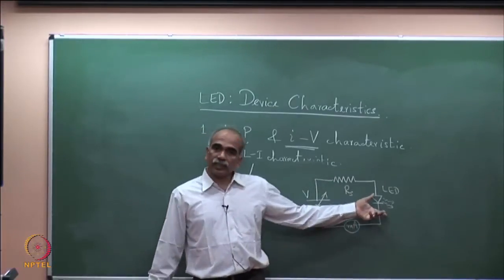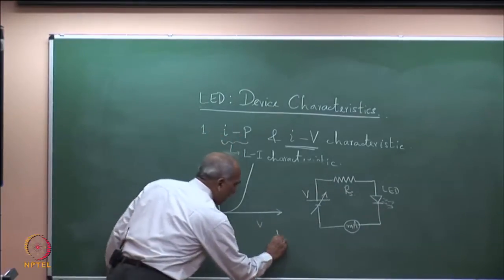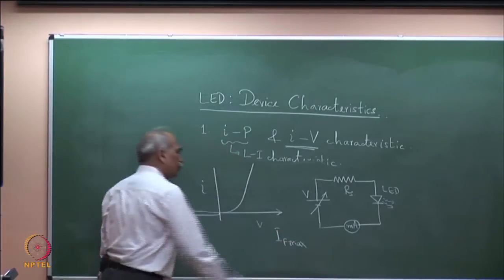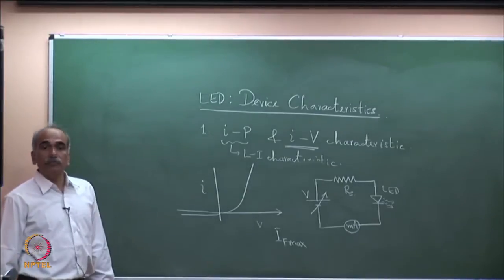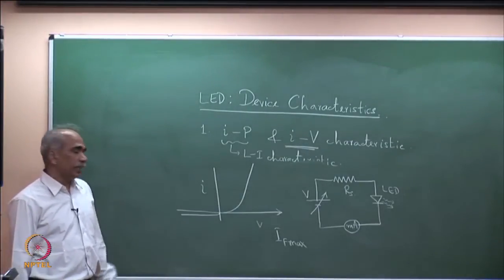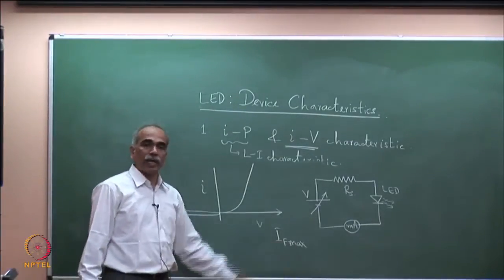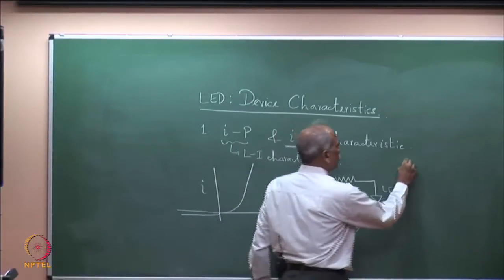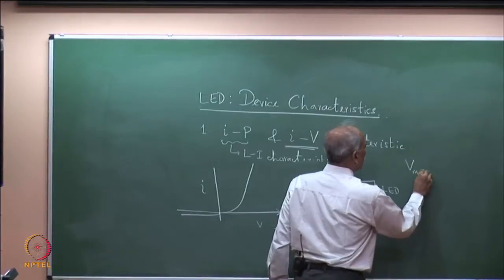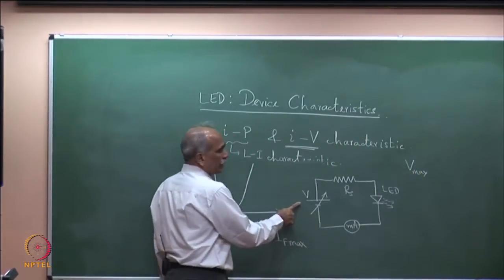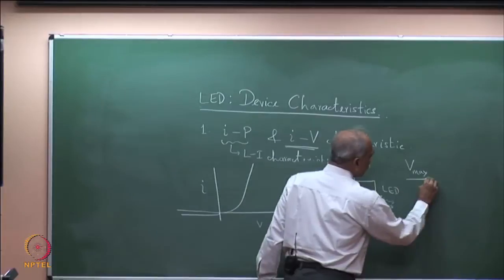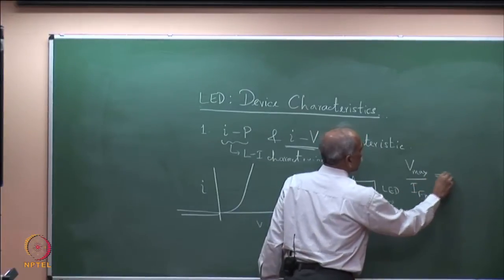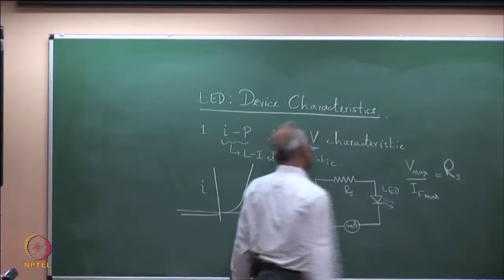Every device is characterized by IF max, the maximum forward current through the diode. If you see the data sheet of an LED, there will be IF max, the maximum current. So, if V max is the maximum voltage here, then you have to choose IF max equal to V max by Rs, the series resistance.